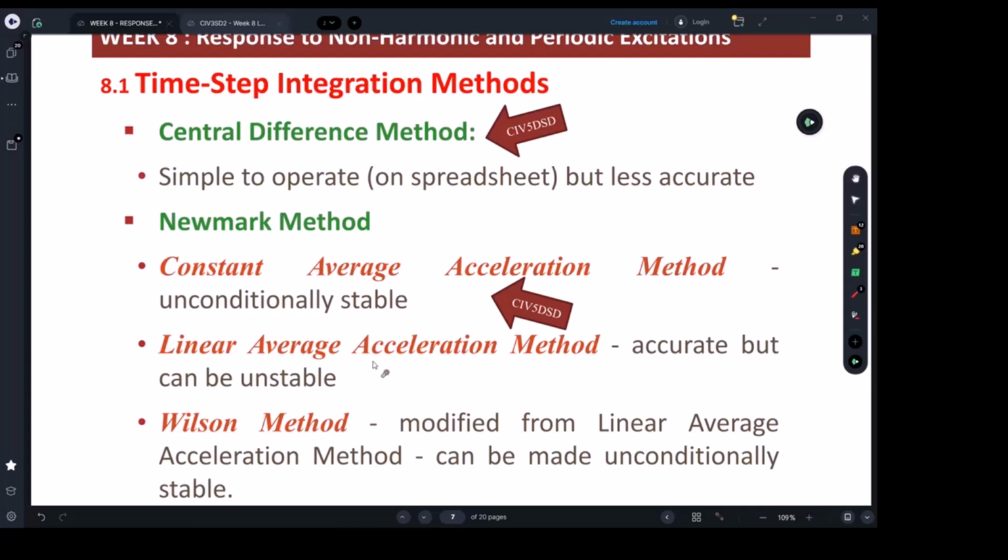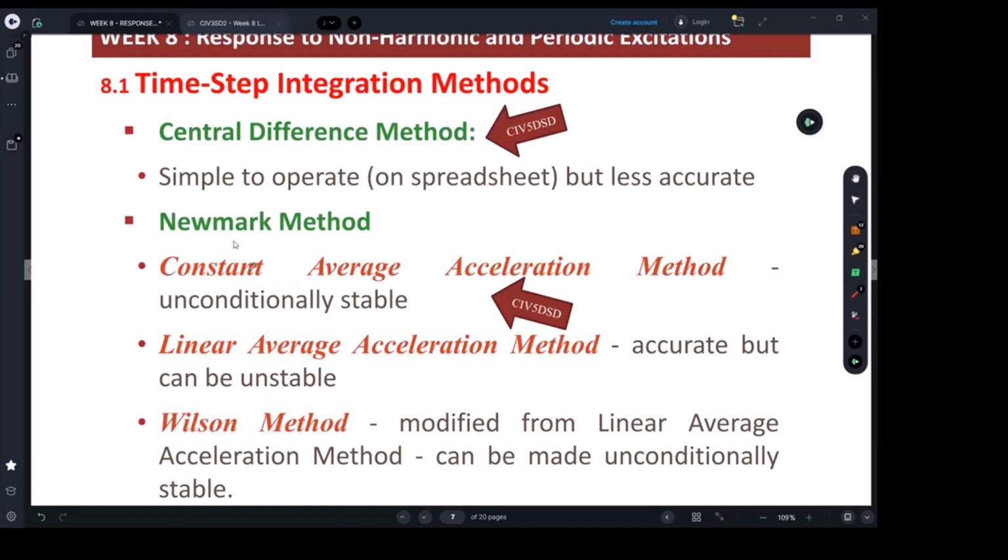So whichever one you learn, you can apply the other ones. And when you see the response and the results, you will be able to determine whether they are making sense or not.